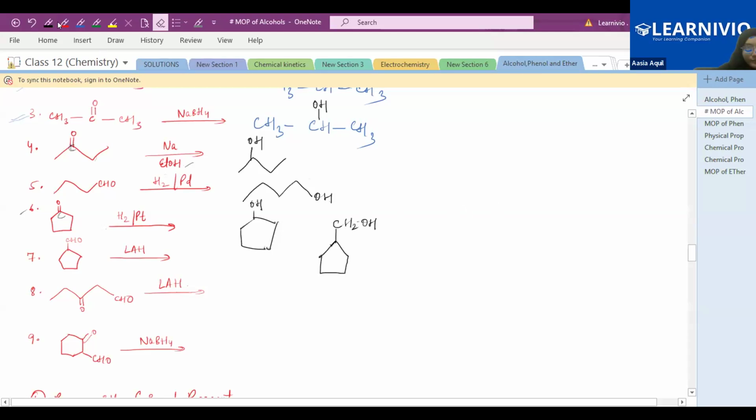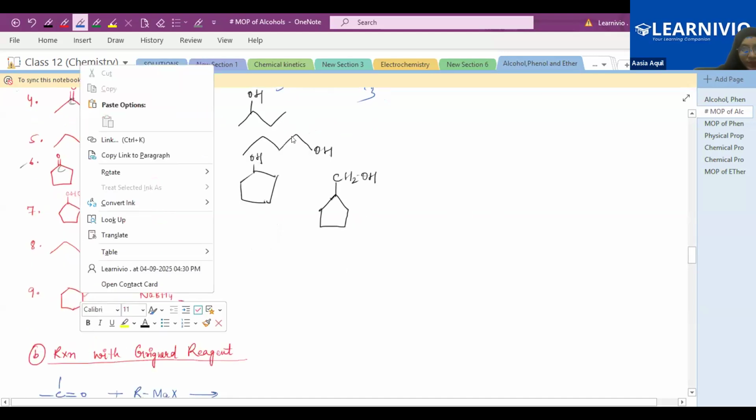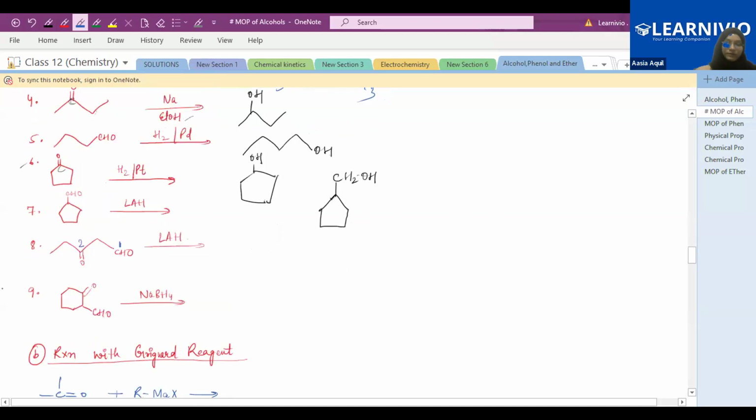Yes, Maniva, next one. See, suppose this is your first carbon, this is your second carbon. Now tell me which carbon will be reduced to which group? The first carbon will reduce to CH2OH. Yeah, very good. And the second carbon? OH. It won't.